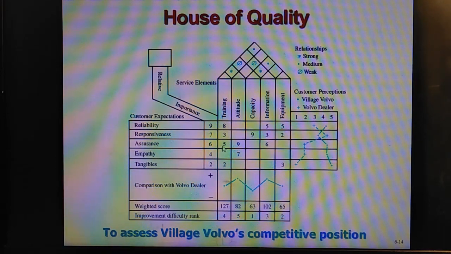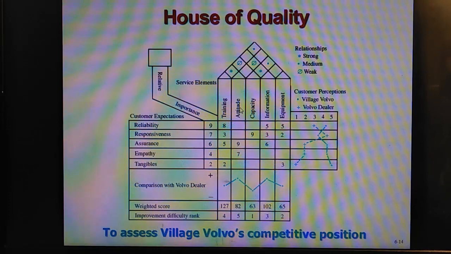On assurance and training, you multiply 6 by 5 and add it. If you want to measure empathy and training, it is 4 multiplied by 0, and on tangibles and training, you multiply 2 by 2. Then you add up all these multiplications, and that will give you the total of 127, which is the weighted score for the relationship between customer expectation and training, and so on.